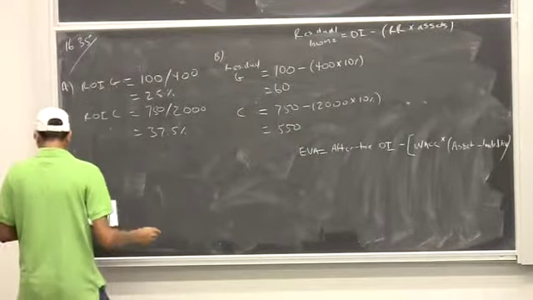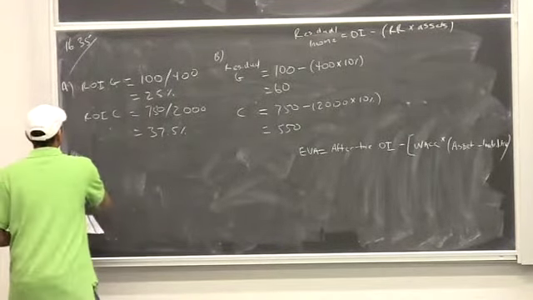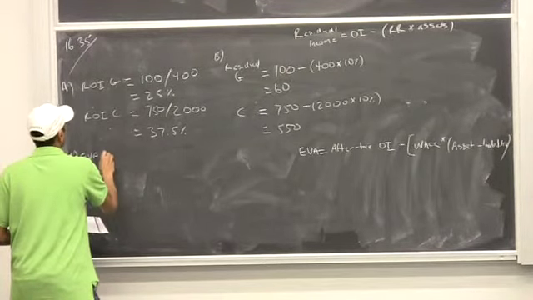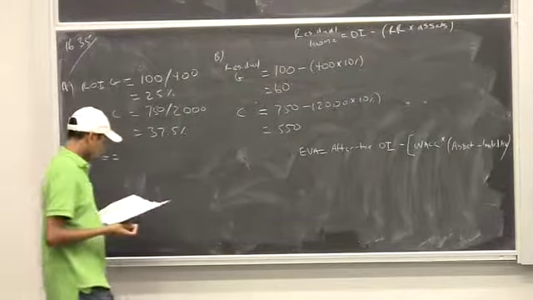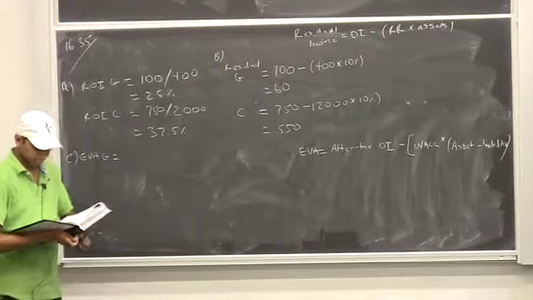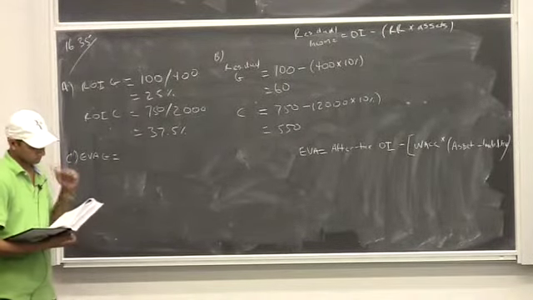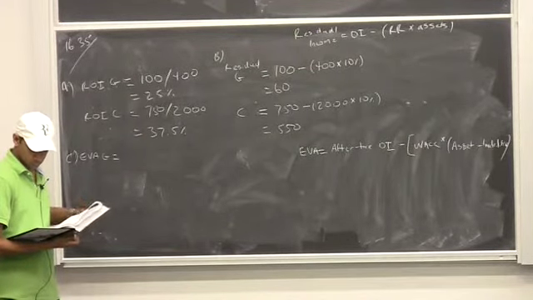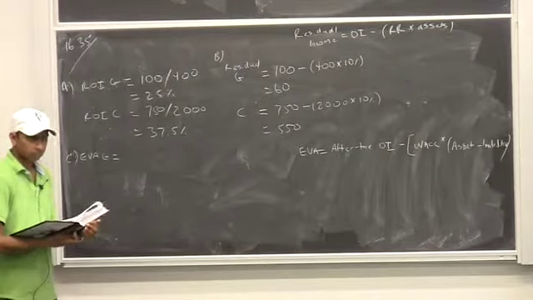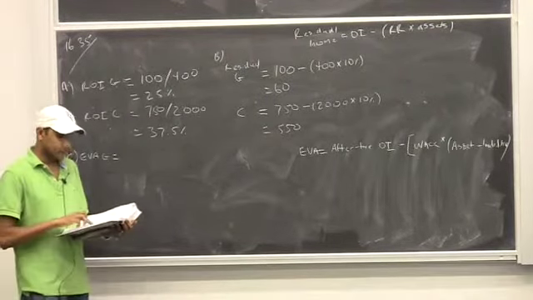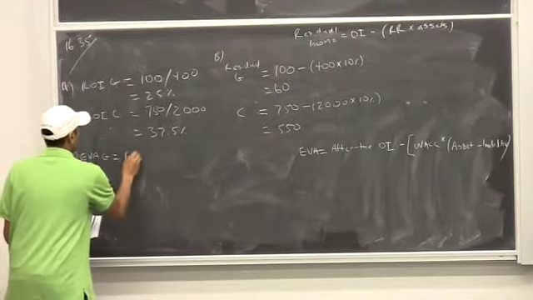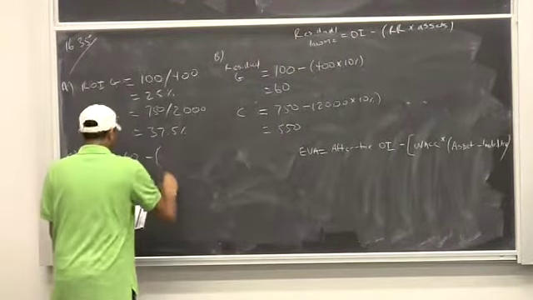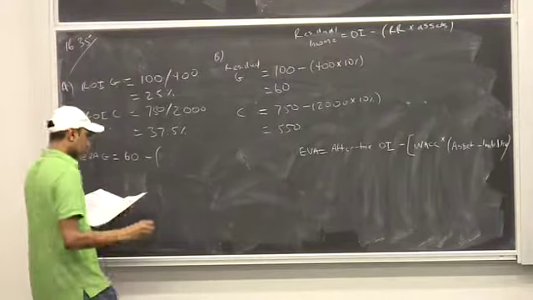Okay, so the EVA for Germany. They gave you the after-tax income, right? 60K. What's the WACC? 9%, right?